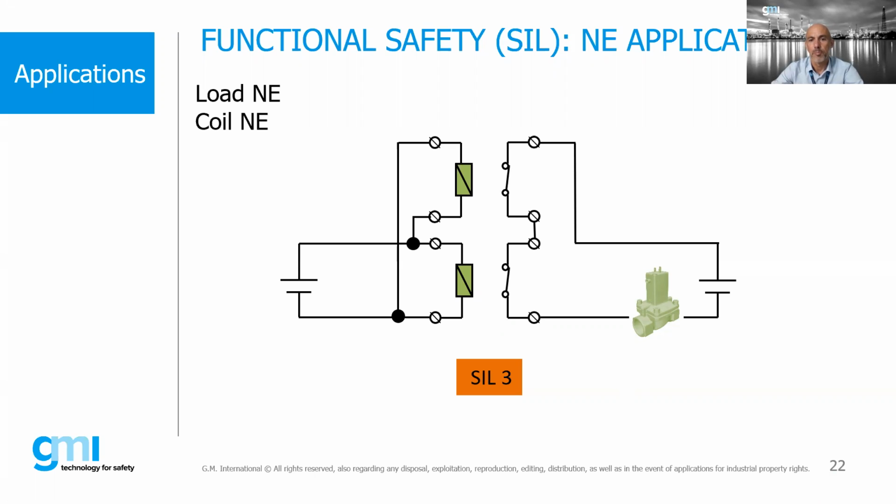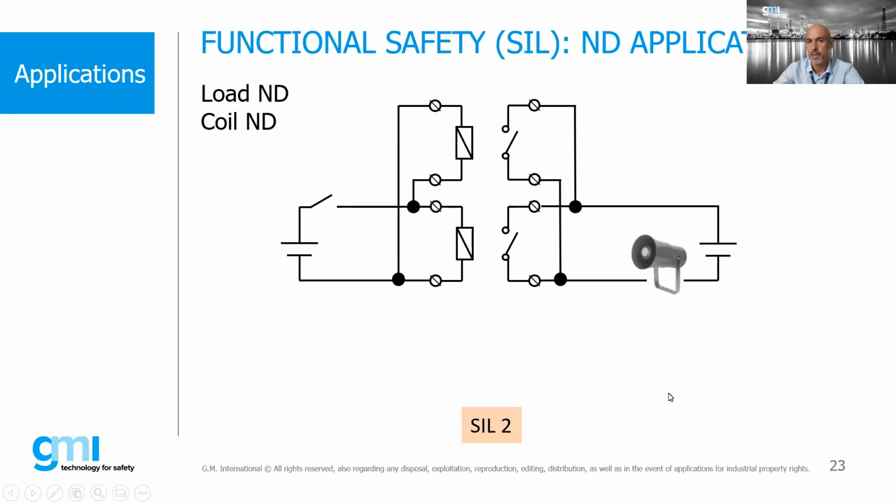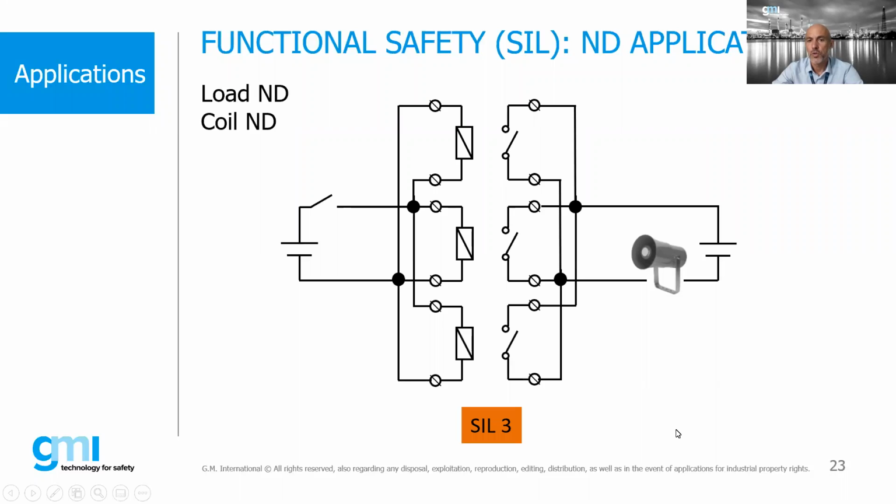That is the application for normally energized. While if I have a normally de-energized load, one relay is enough just for a SIL1 application. So if I want to reach SIL2, I have to use a second relay connected not in series like for energized, but in parallel in this case. And SIL3 I can reach by using three relays in parallel.